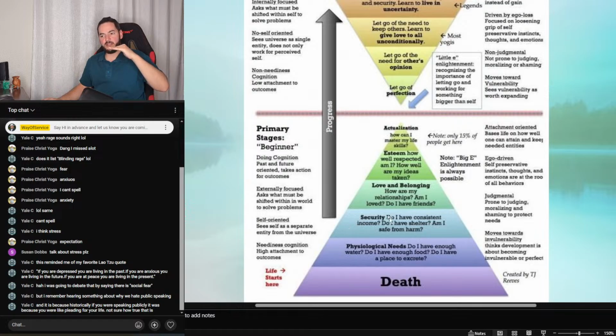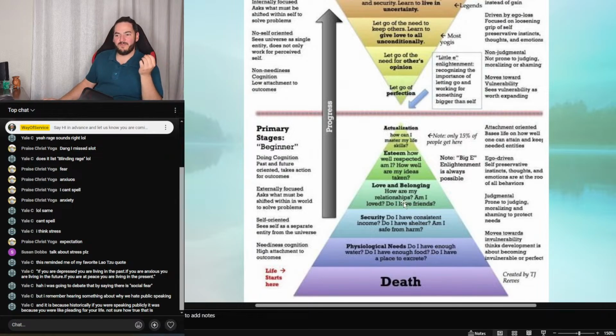And then the next level after understanding the world is understanding other people. How are my relationships? Am I loved? Do I have friends? So this scale, if you're not familiar with it, again, it's really like if you're trying to figure out how to have friends, but you're really hungry, you're going to have a hard time, right? That's just an example of it.